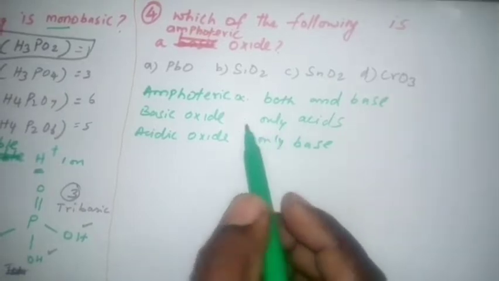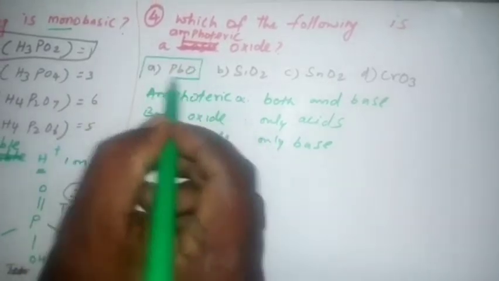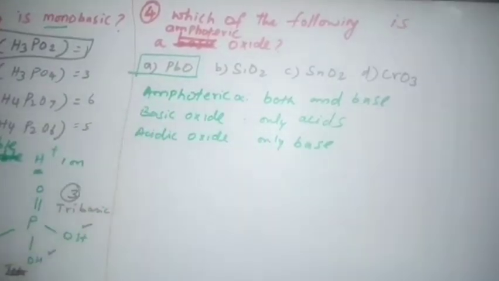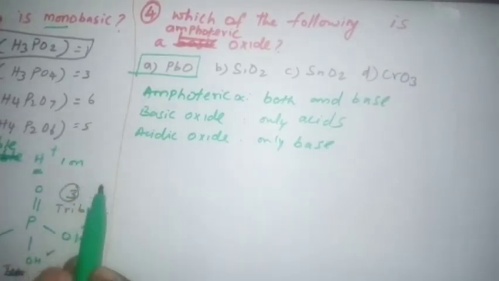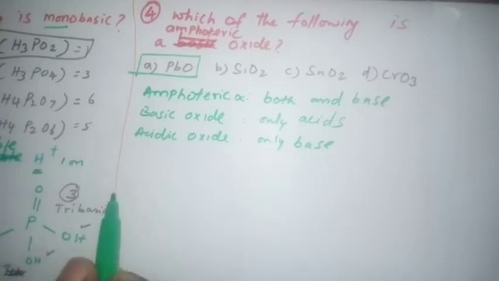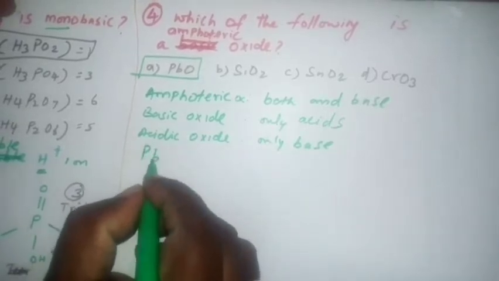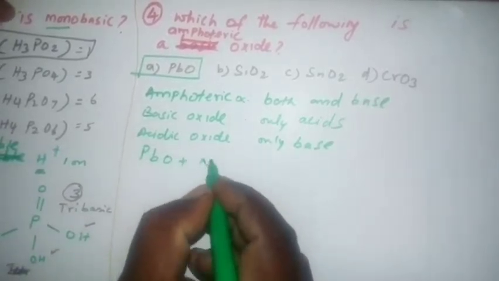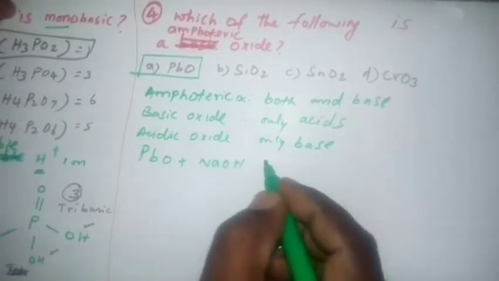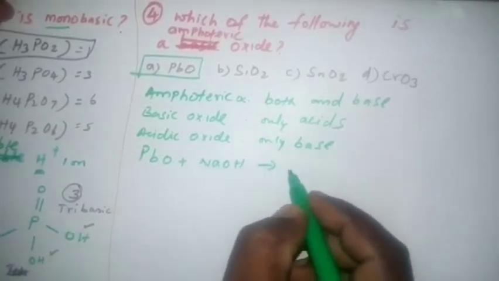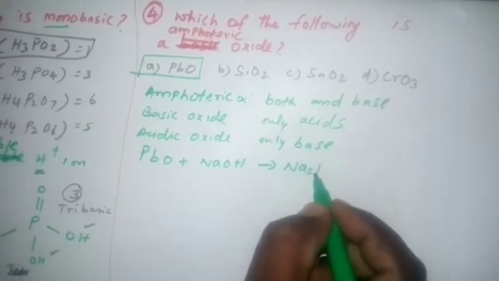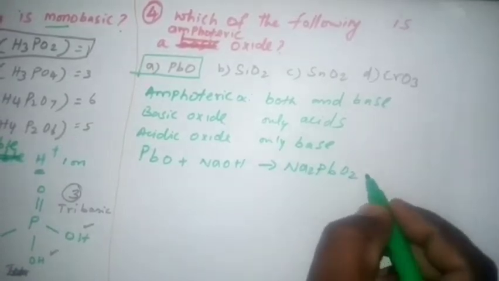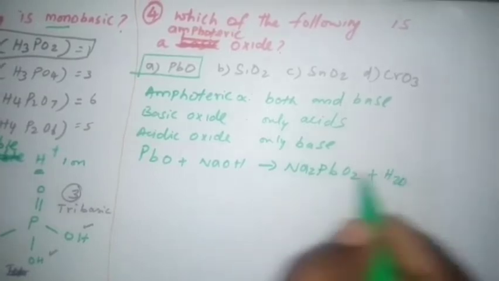So here option A, lead oxide PbO, is called an amphoteric oxide because it can react with acids and bases. For example, lead oxide PbO plus NaOH. NaOH is the base, so we get the product Na2PbO2 plus H2O.